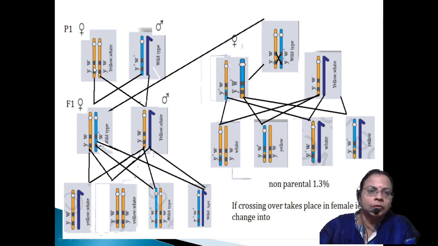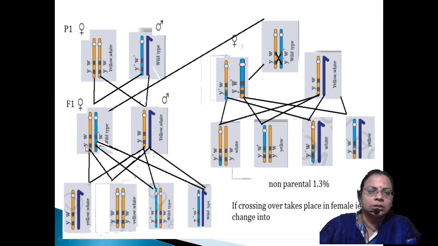You see, YW, one female gamete, and one gamete from the male, that is Y plus W plus, another gamete. When these two gametic combinations appear in the F1, since these two are dominant and these two are recessive, the offspring formed will have 2X chromosomes, hence definitely they will be female.